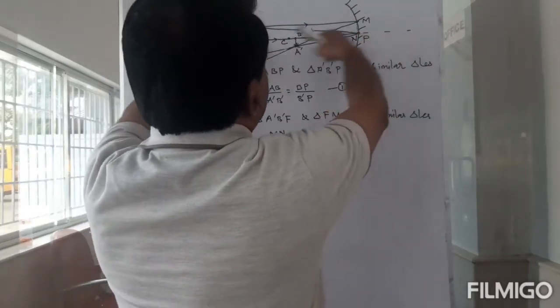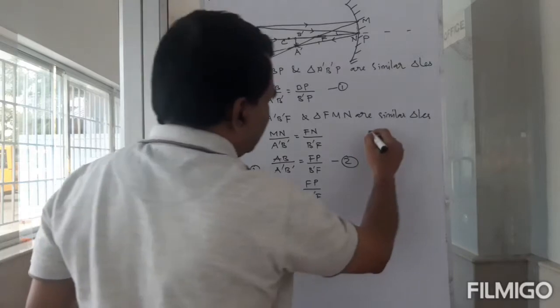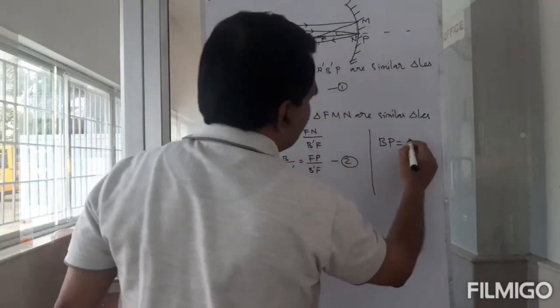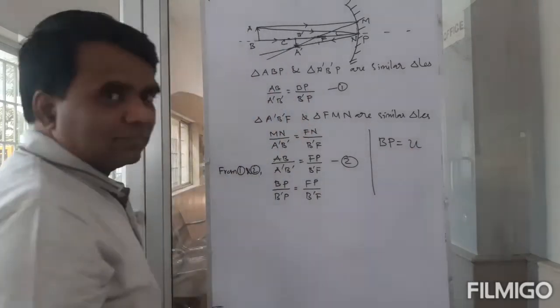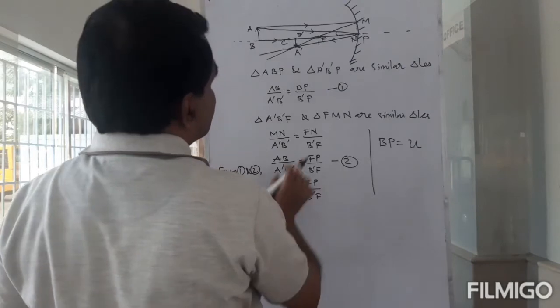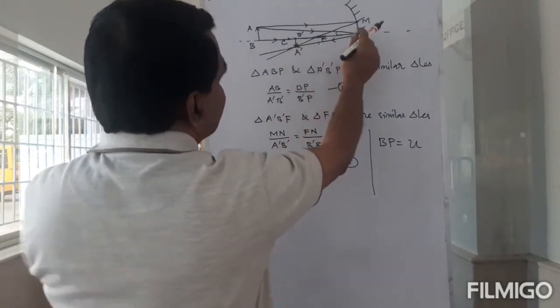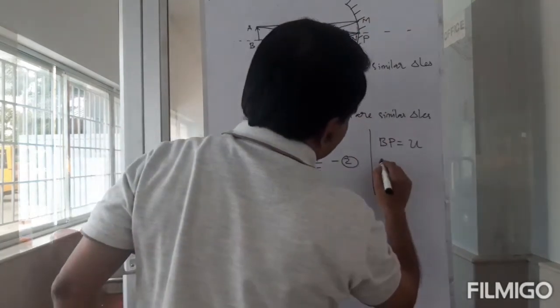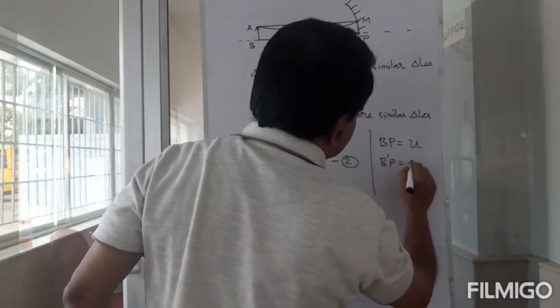BP is actually the object distance which you call as u. B dash P is actually the image distance V.